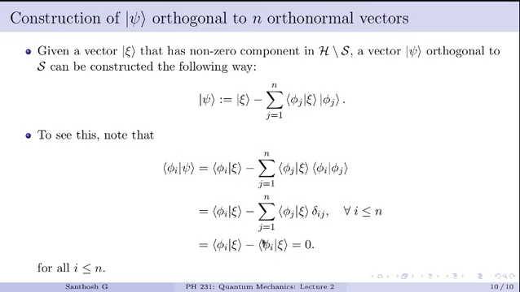But this is exactly equal to the first term, and therefore they cancel each other. Therefore, we see that the inner product of phi i with psi for all states phi 1 up to phi n is 0. Therefore, we have obtained our desired trial wave function.